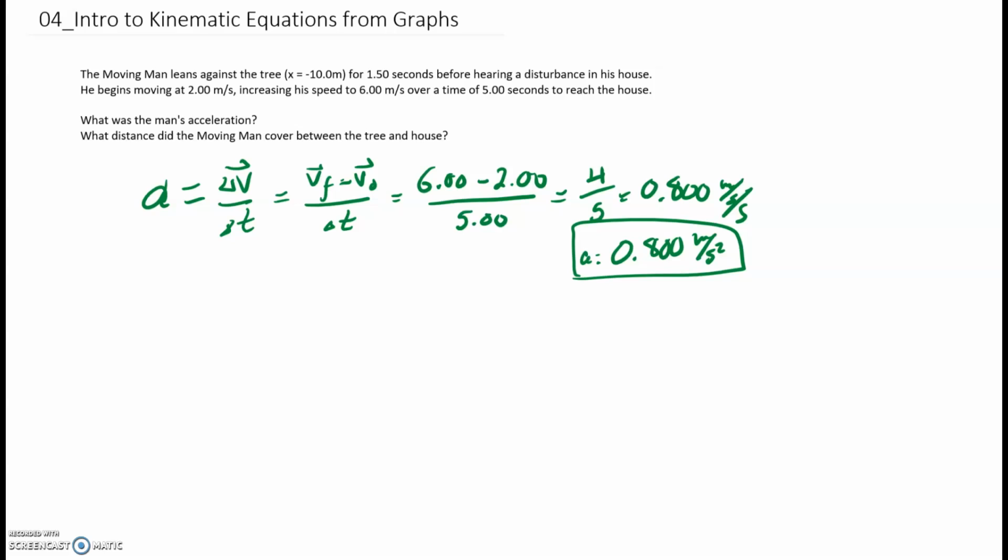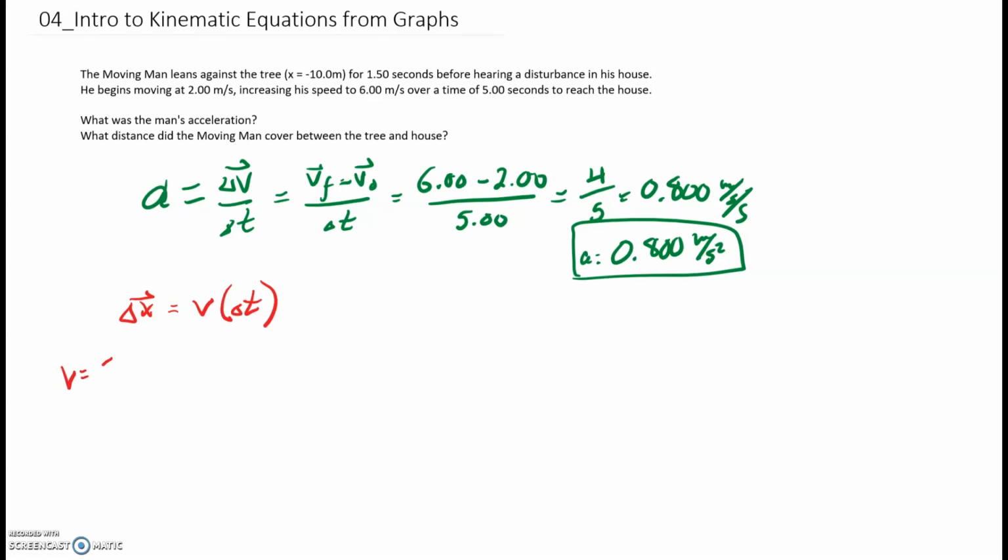My next question is asking what distance did the moving man cover between the tree and the house. So we're asking for our displacement from the tree to the house. The equation I have for displacement relates velocity and time.